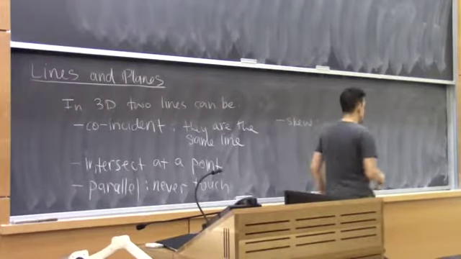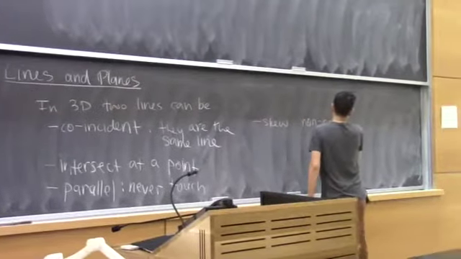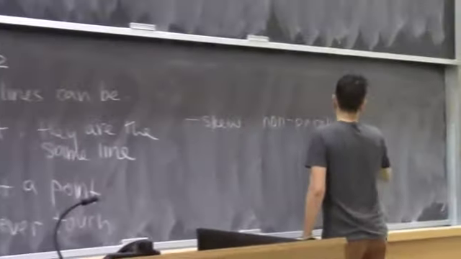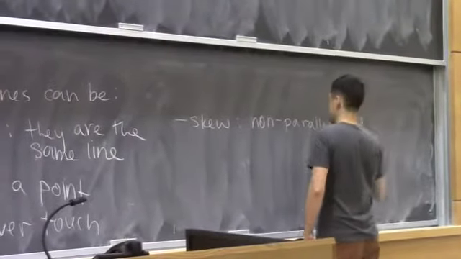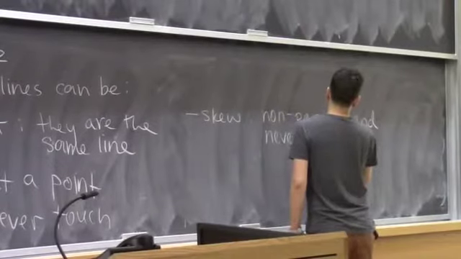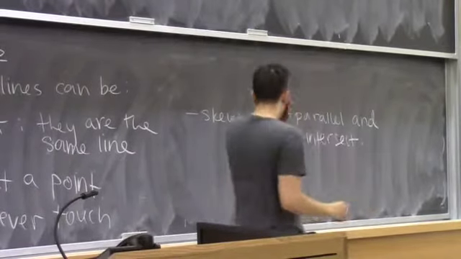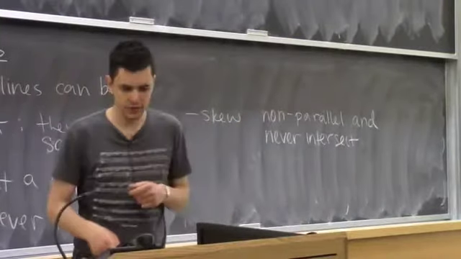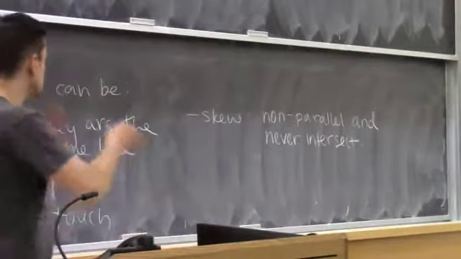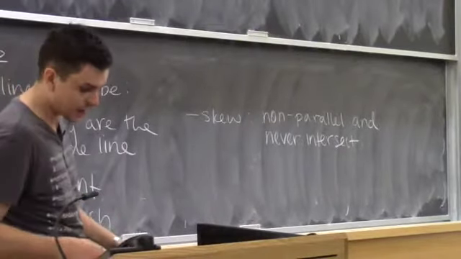Two lines can be skew. They can be non-parallel and never intersect. So these are just some terminology about how things can happen in 3D.